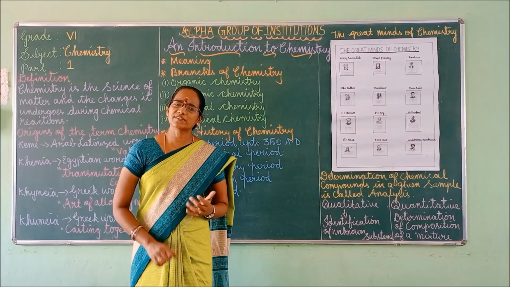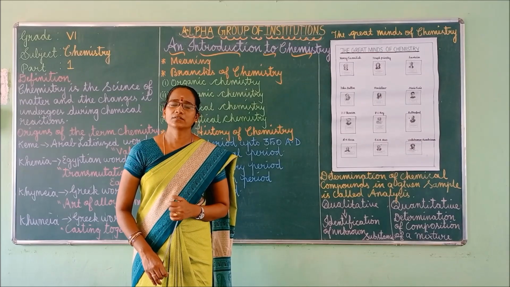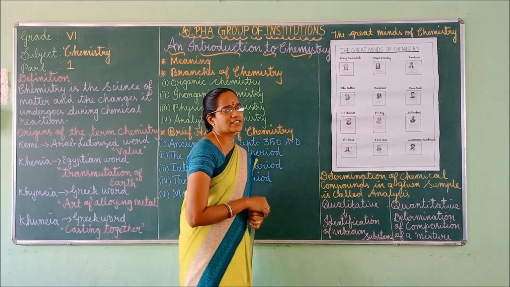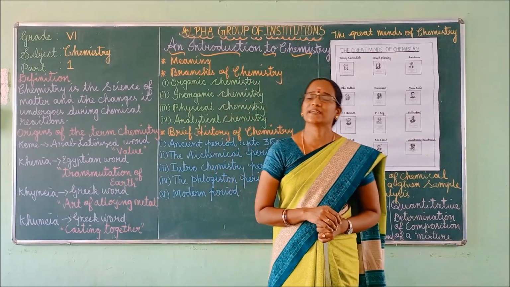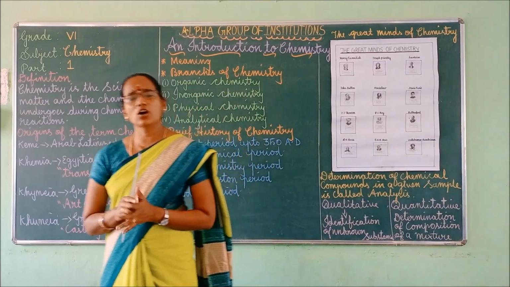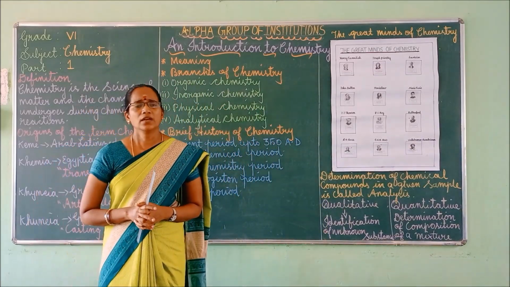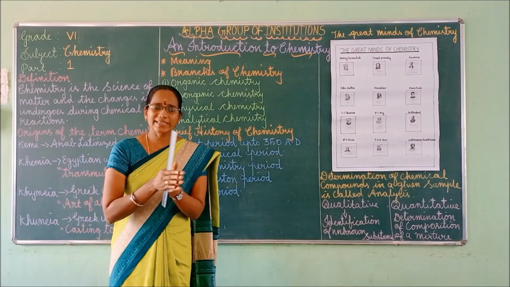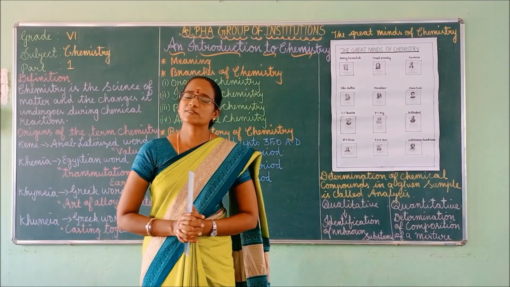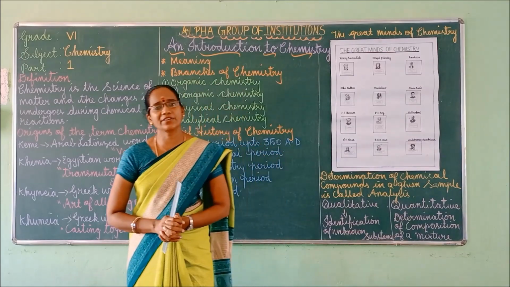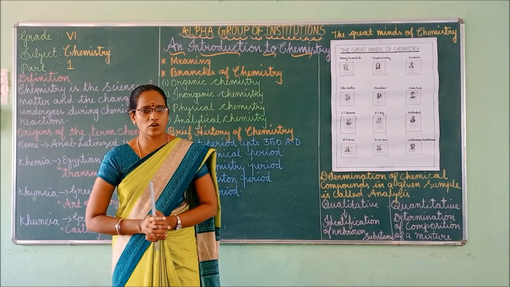What is the difference between cation and anion? Cation is positively charged, whereas anion is negatively charged. Both cation and anion are ions only. They have opposite charges, so they get attracted to each other. What is meant by ions? Atoms or a group of atoms having a charge are called ions.